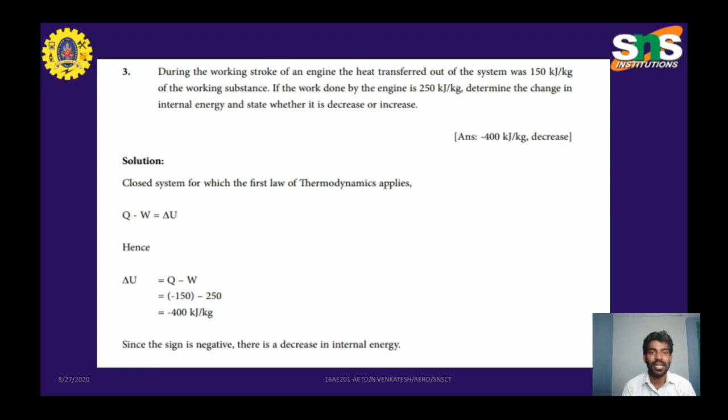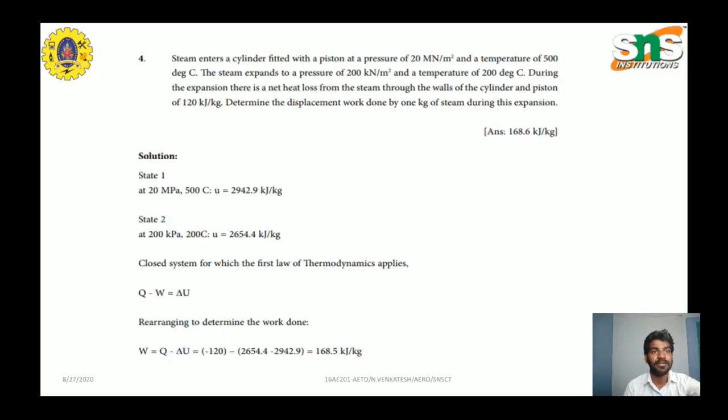The final answer, the change in internal energy del U, is equal to minus 400 kilojoule per kg. Since the sign is negative, there is a decrease in internal energy. So these three problems are all applications of the first law of thermodynamics.